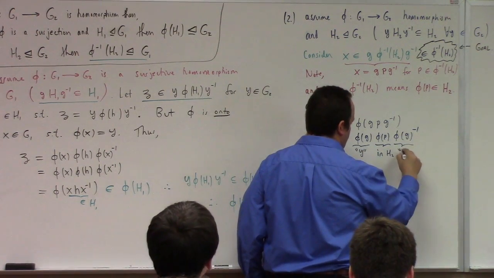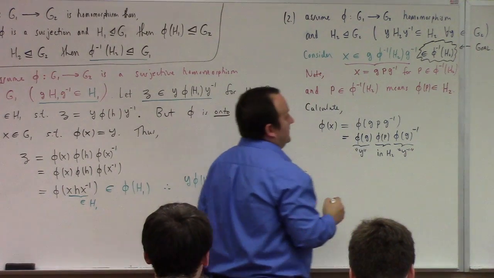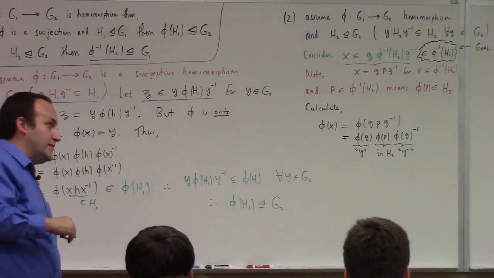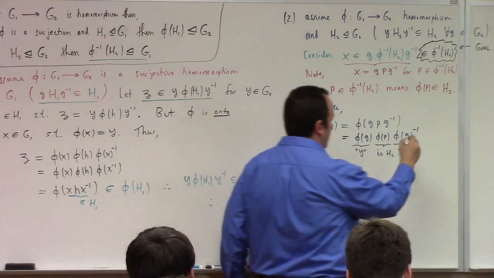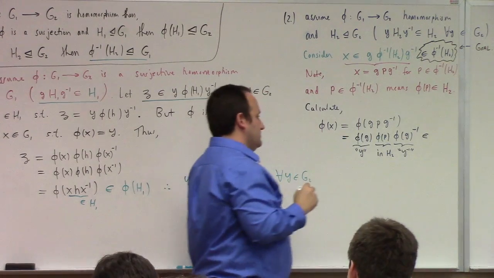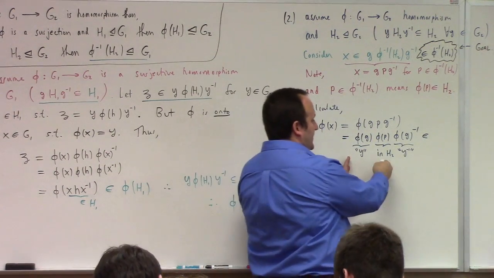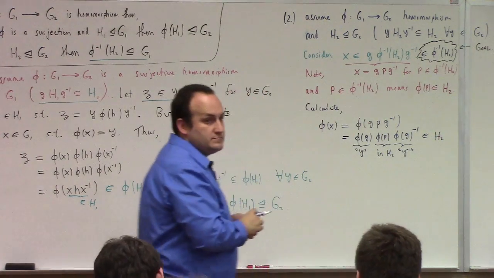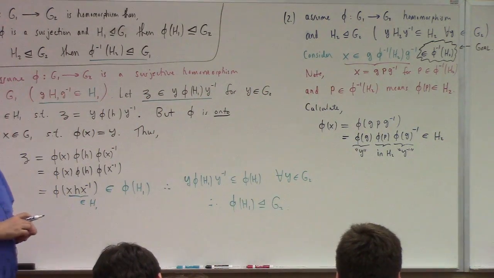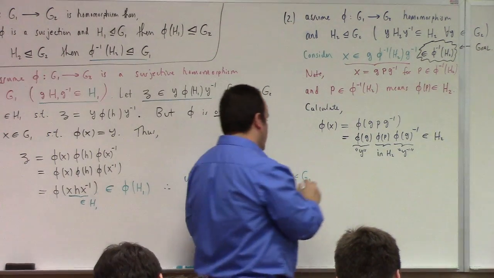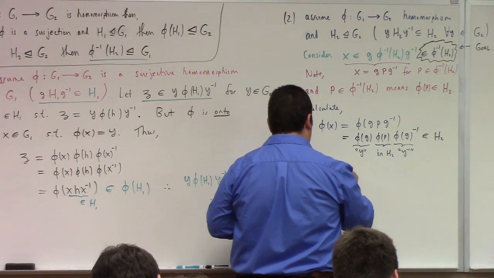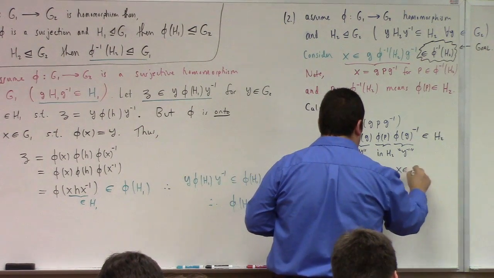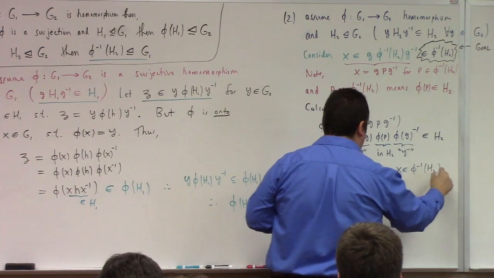Think of this over here as being the quote-unquote y inverse, right? We know from the normality of H2 that this is an element of what? So I'm looking at y, something in H2, y inverse. This is again an element of H2 by the supposed normality of H2. So therefore, phi of x is an element of H2, which says that x is an element of the inverse image of H2.